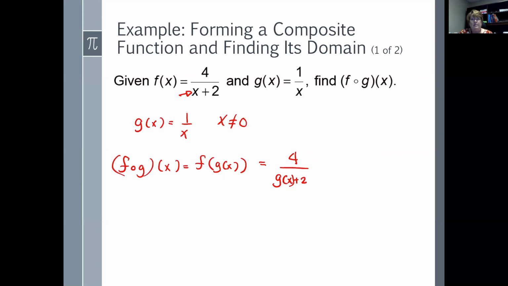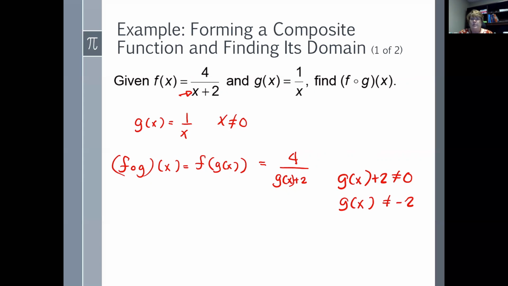Fraction denominators cannot be 0 because that's undefined. So g of x plus 2 cannot equal 0. If g of x plus 2 is equal to 0, then I got 0 in the denominator. I can't do that. So g of x cannot equal negative 2 if I subtract 2 from both sides.